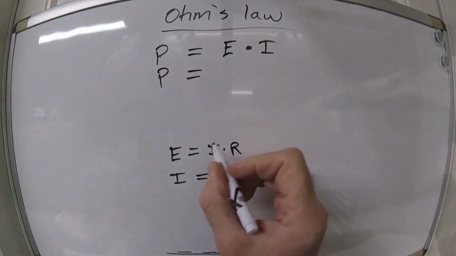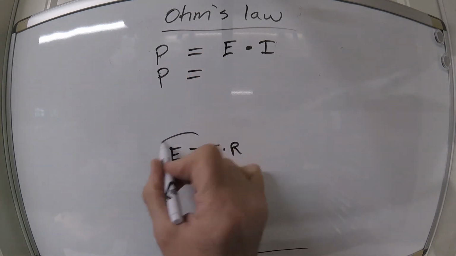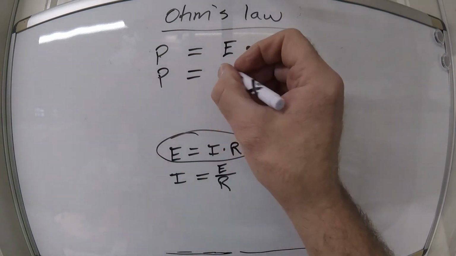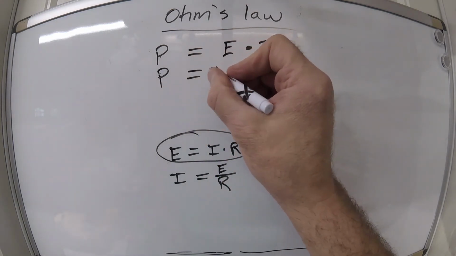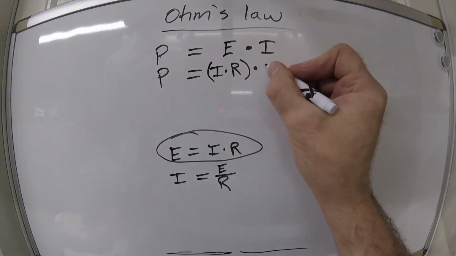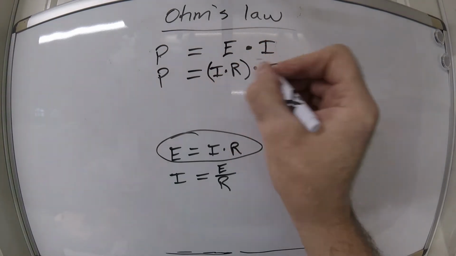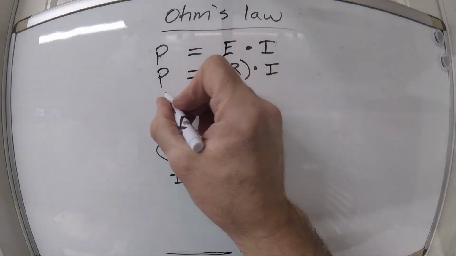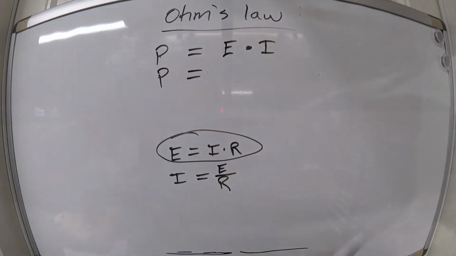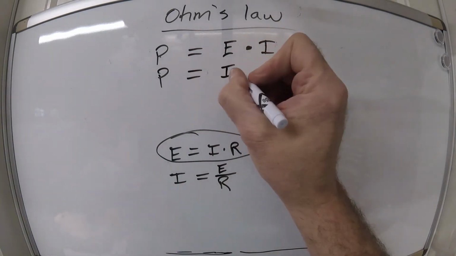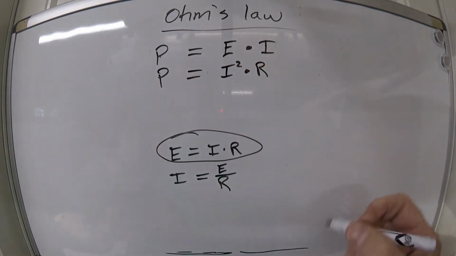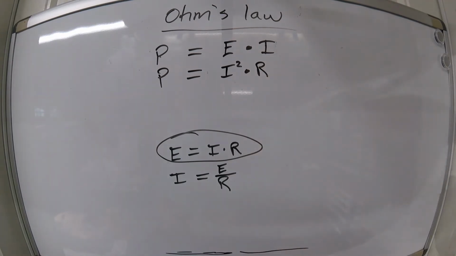So we could substitute this up here for voltage. So we could say that power is equal to current times resistance times current. And you see we have current twice there, so that would be the same as saying power is equal to I squared times the resistance, or current squared times resistance.